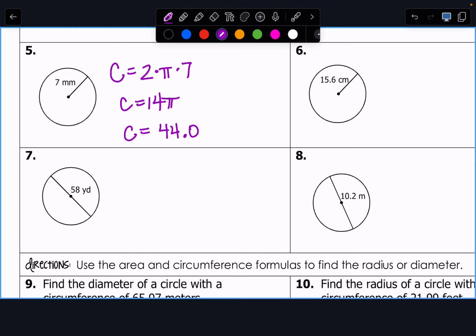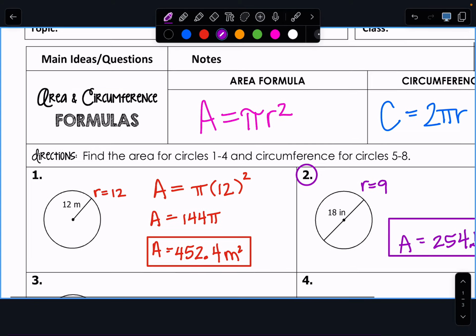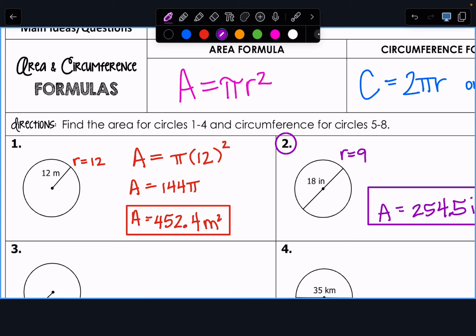Millimeters. If we are talking about the perimeter, we are talking about one dimension. 2 times pi times 7 millimeters. Our answer is millimeters. Up here, we're taking pi times 12 meters times 12 meters, so meters times meters gets us meters squared.